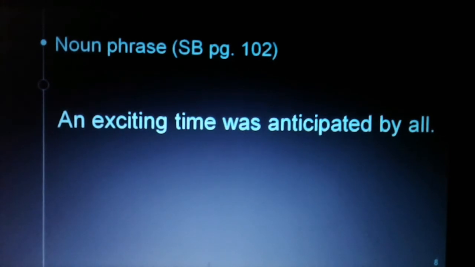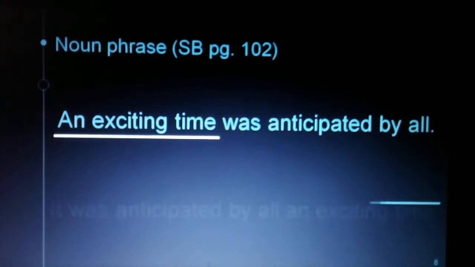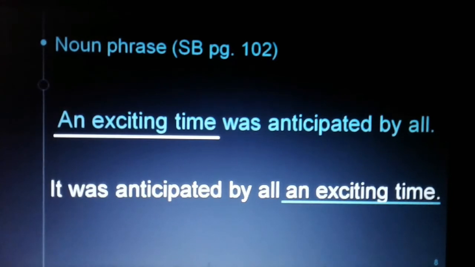For example, this sentence: an exciting time was anticipated by all. An exciting time is a noun phrase, so it's okay if you use this noun phrase as a subject. You don't have to change it into this sentence: it was anticipated by all an exciting time. If you answered like this, then your answer is wrong.